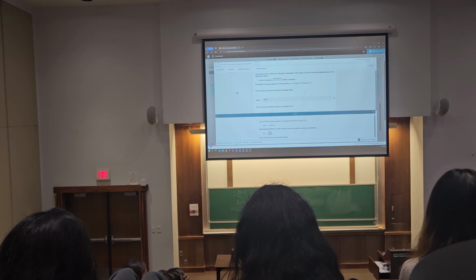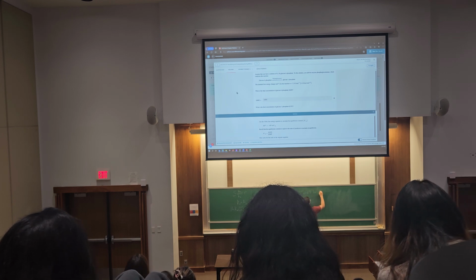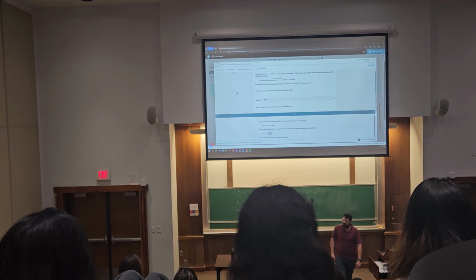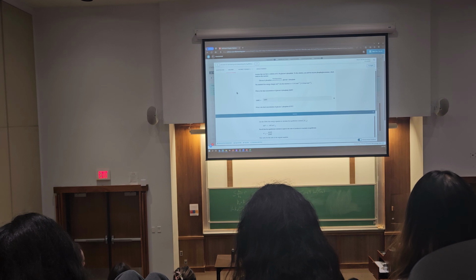What formula? Delta G prime is equal to minus RT ln K equilibrium. Alright, let's see if this makes sense. I'm sorry, I have to keep walking back. The standard free energy change for this reaction is 7.5 kilojoules per mole. What is the final concentration of glucose 6-phosphate?